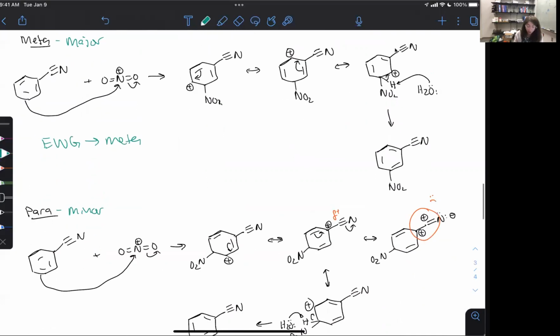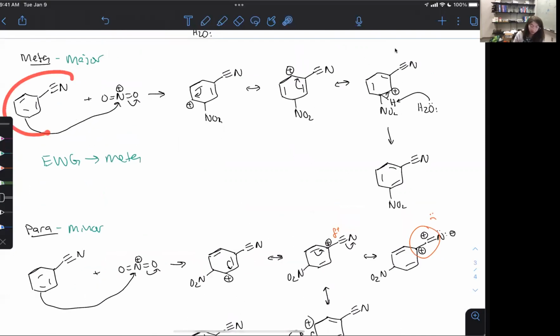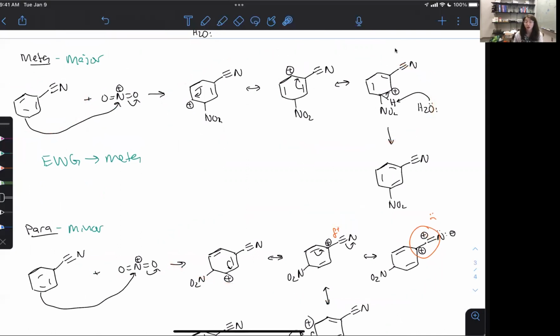Okay, the other way that you can think about this is you can actually start from the starting structure. All of this is really why it is choosing a certain substitution. But the other way to think about it is by looking at what carbons are either nucleophilic or not nucleophilic in the starting material.